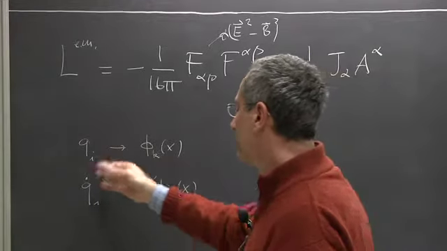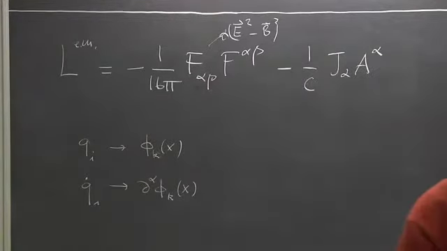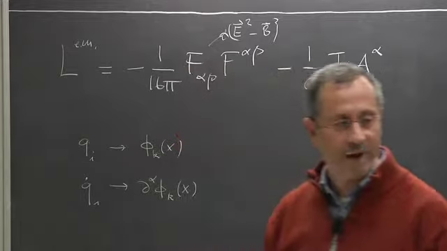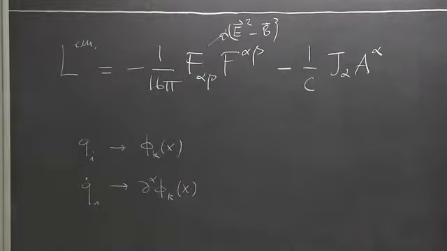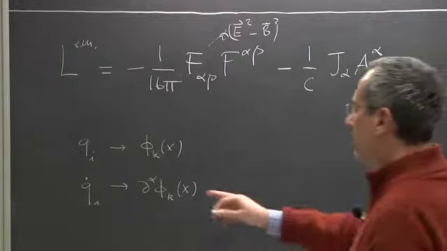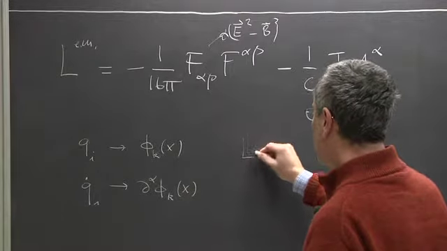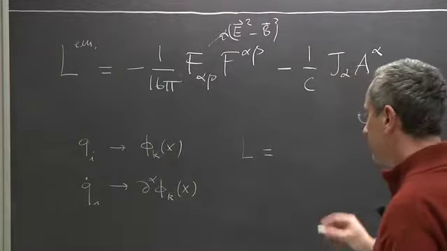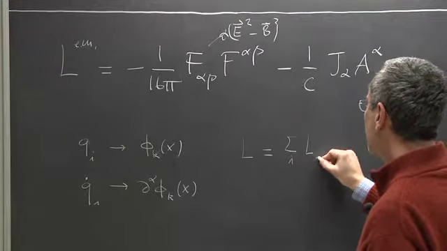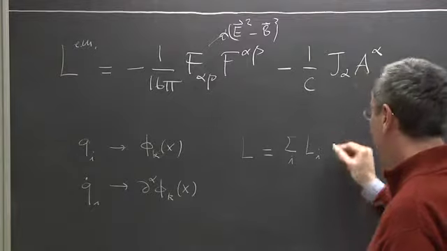Of course, one should do this carefully, but we don't have time, and this is part of a different course. I don't know if you have advanced quantum mechanics, maybe. Yeah, you do have. I'm not sure what you do in that class, but maybe you will do something like this. But the point is that we wrote the Lagrangian as a sum. If you had many particles, it was the sum of the Lagrangians of each particle.